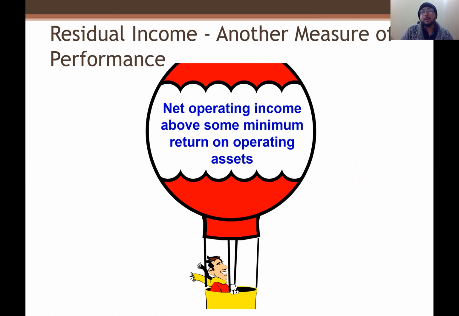So this is another measure of the performance. Its criteria is, if you are able to earn more than the minimum required rate, then you will be given a bonus. That makes sense, right?